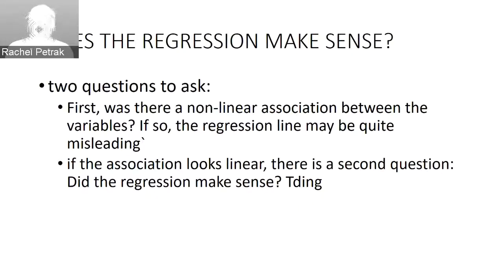If so, the regression line is quite misleading and probably inappropriate, thus the regression does not make sense. And if the association does look linear, you have to ask yourself, does the regression make sense logically? Is there logic in regressing a variable x on variable y?